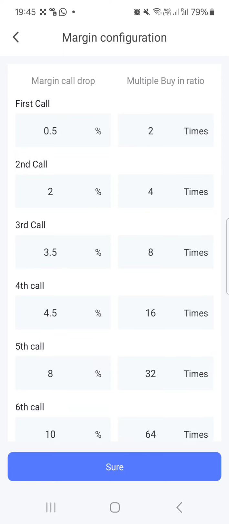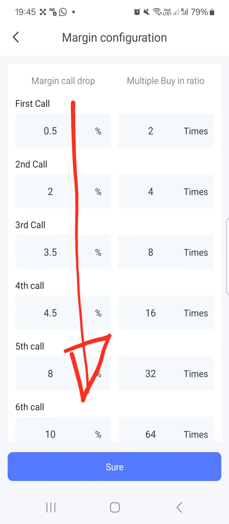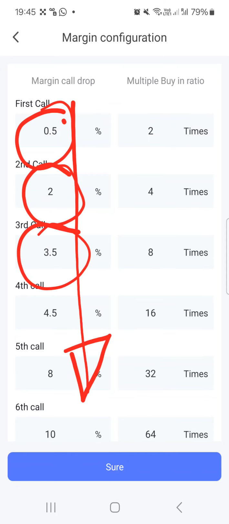That is how the bot is going to put money in the market slowly. Every time it drops, this is called a margin call drop. When the price drops by 0.5, the robot will buy. 2%, the robot will buy. 3.5, the robot will buy. 4.5, the robot will buy.